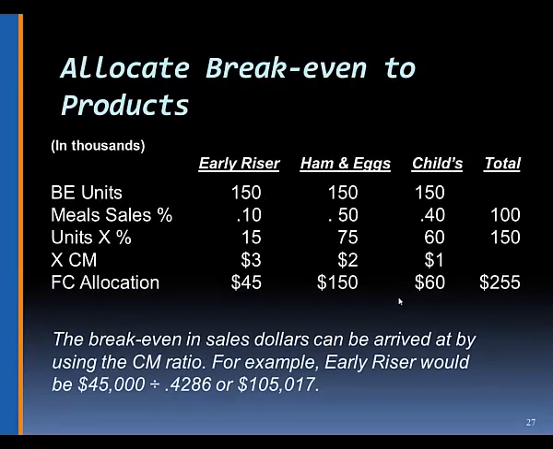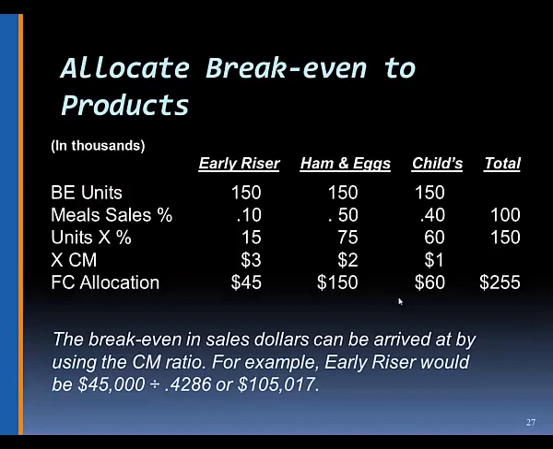Now let's go back and calculate what the break-even is for each product. So there are 3 different types of products. We put 150,000 at the top of each one of the columns. Then we multiply that by the projected sales in units. So we said 10% of our meals were going to be early risers, 50% ham and eggs, 40% a child's meal, or a total of 100%.